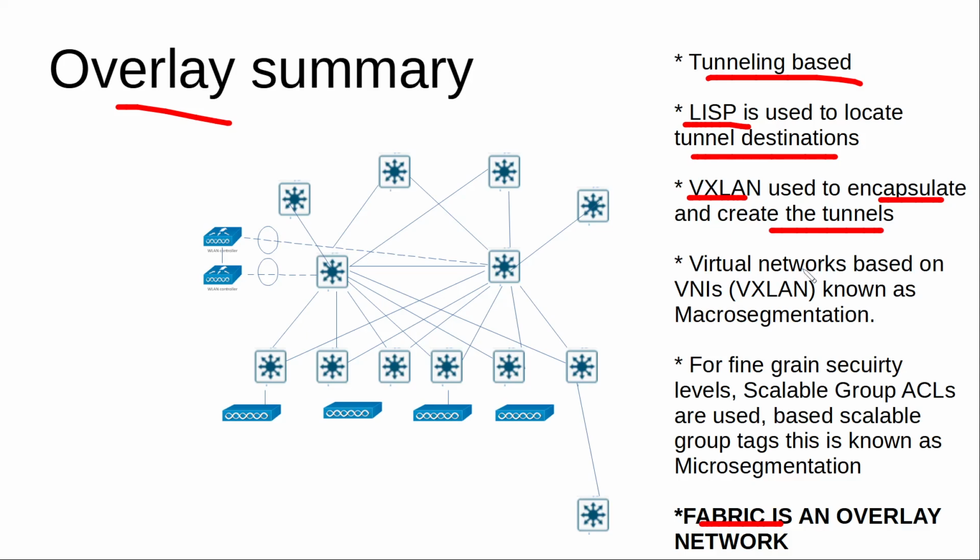We are going to use VXLAN headers in order to transport the virtual network ID and scalable group tags that belong to each packet or frame. And remember that when using virtual networks, we have something that is known as macro segmentation. And when applying a scalable group access control list to our packets or frames, we are achieving micro segmentation of security.